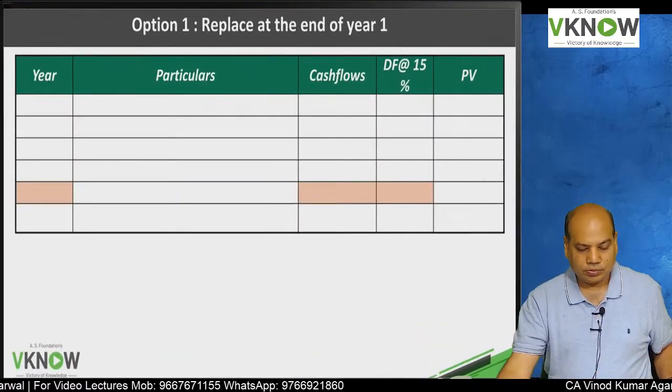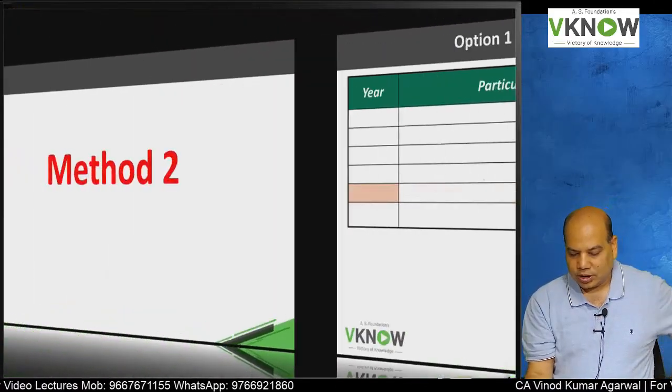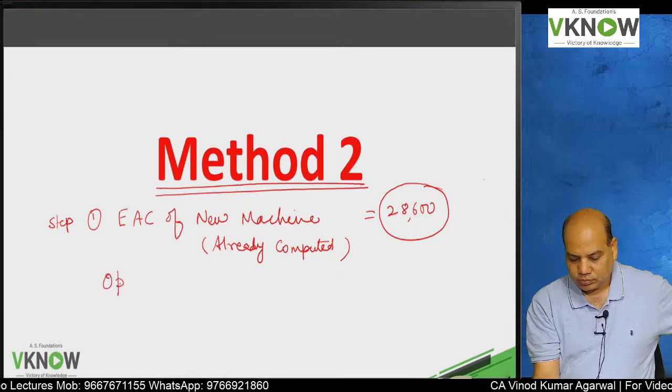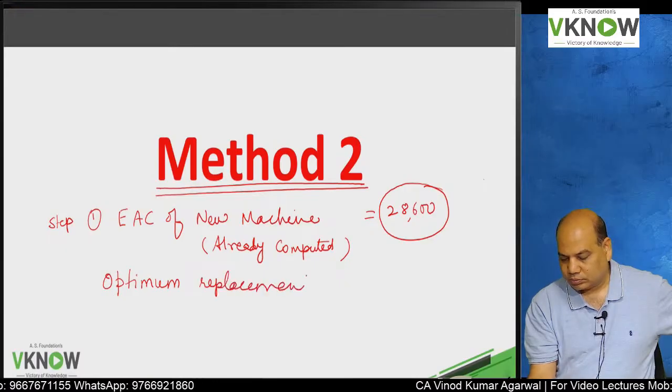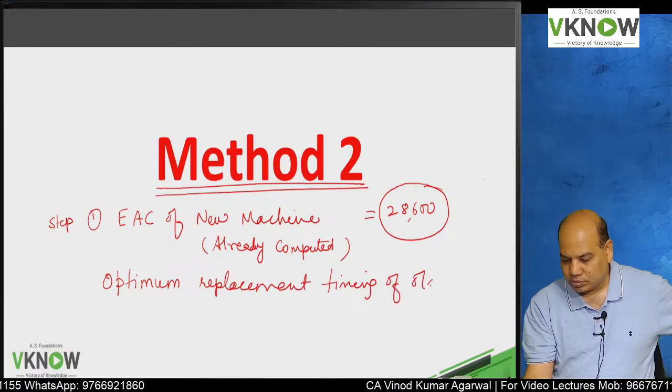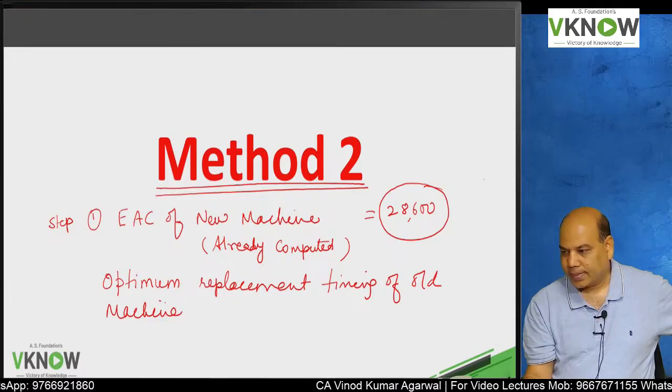Now write down below. First write down one heading. Optimum replacement timing of old machine.